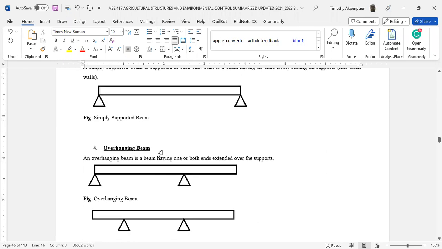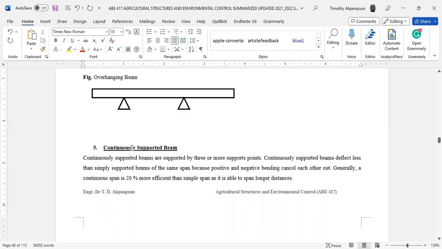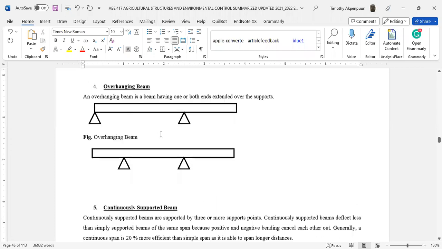Then you have an overhanging, continuously supported beam. I hope you can see the difference between overhanging and continuously supported beam.